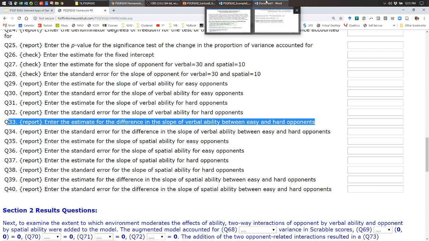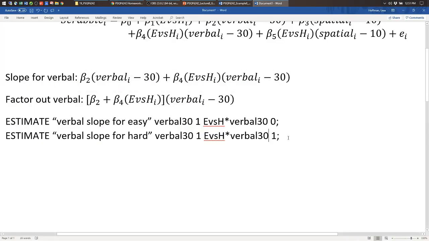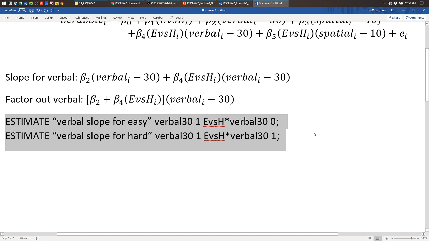If you know how to get each of them, you know how to get the difference. If I were to do that here to complete the set, do you remember how to get the difference? That would work, although an estimate statement would work more straightforwardly. If you know how to get the slope for each, you know how to get the difference because it's literally a question of subtracting one of these lines from the other.